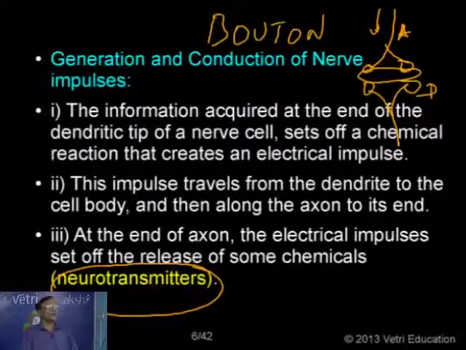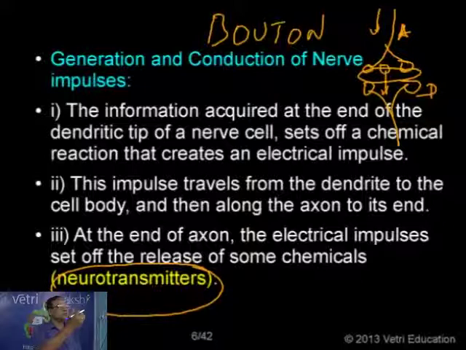And such chemicals are responsible for the transmission of impulses across the gap. I'm using the word gap; I'll use another word later for this gap. So that is a junction between the dendron and the axon of two different neurons. Now the chemicals have the ability of passing across, or diffusing across, the membrane of the axon, and diffuse into the dendrite of another neuron by means of simple diffusion.